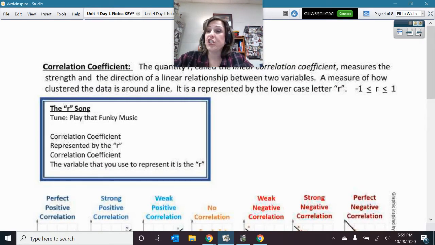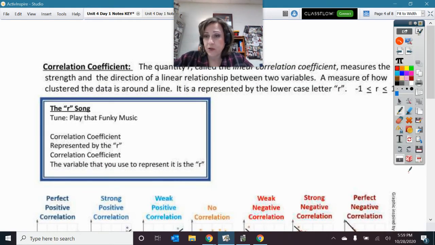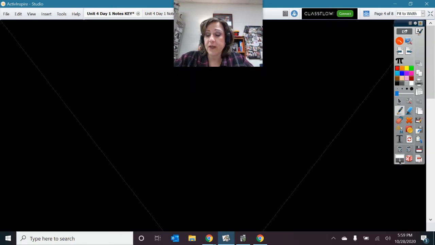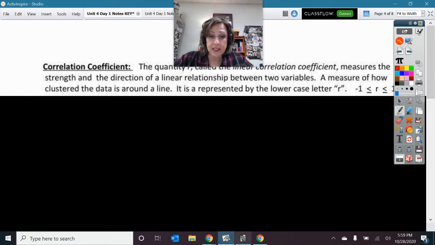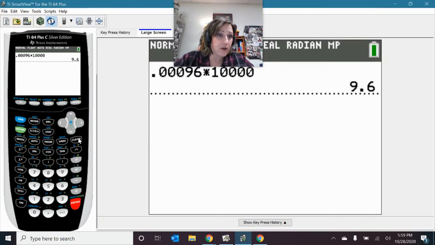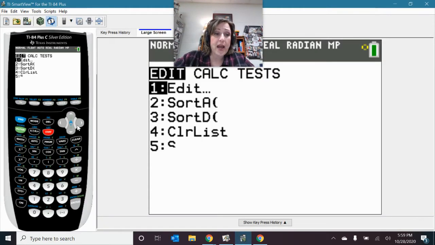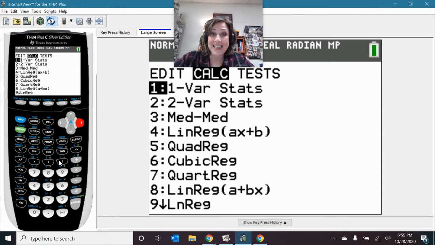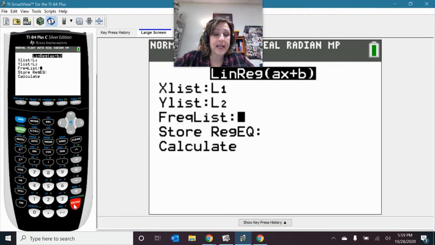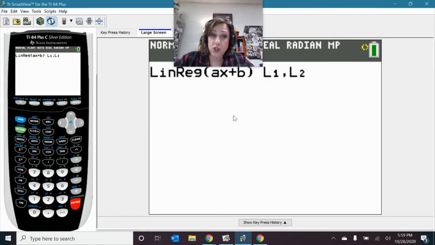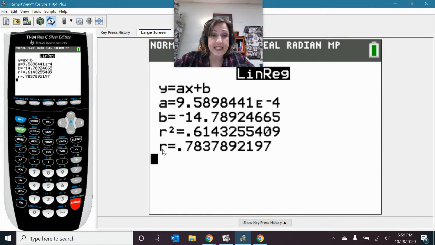Now we're going to talk about this new measurement, which you were able to get on your calculator when you did your STAT CALC LinReg with the diagnostics on. That gave us R and R squared. The first one we're going to talk about is R. The names of these items are very close together.